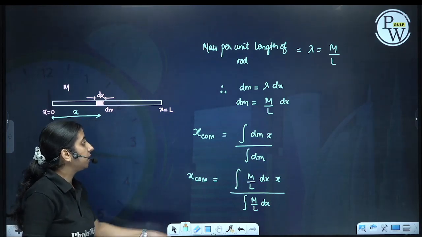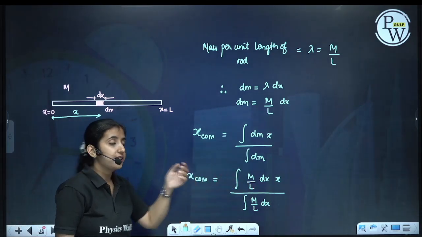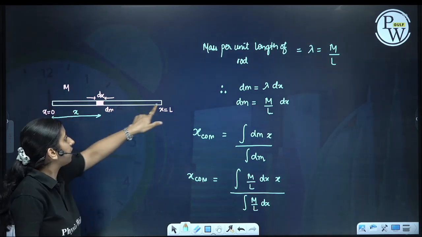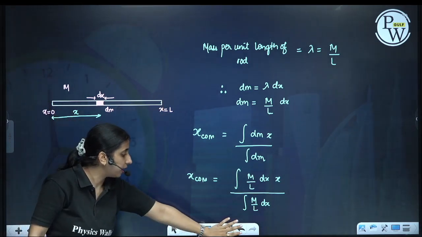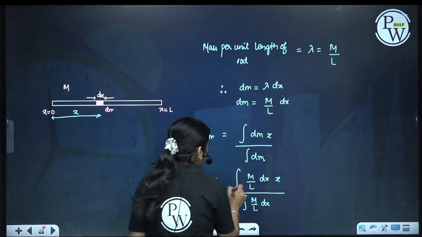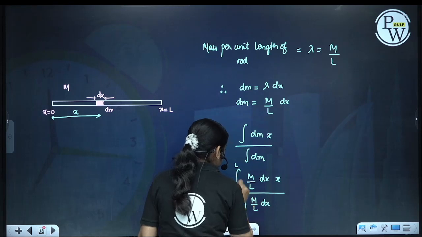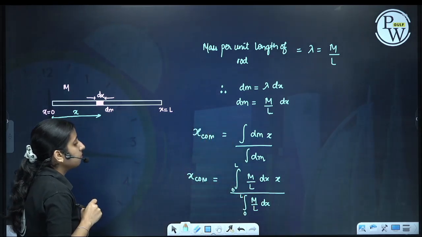Now tell me one thing, what will be the limit of x? If we consider the element over here, x is 0. If we consider the element over here, x will be L. So the limit of x will go from 0 to L.